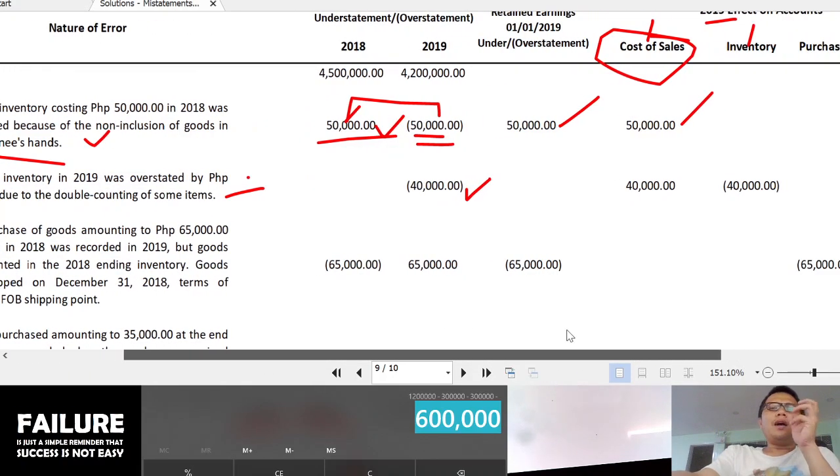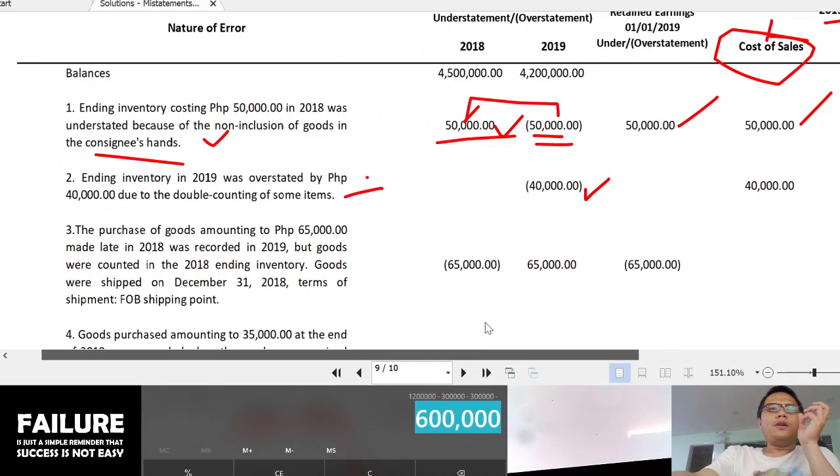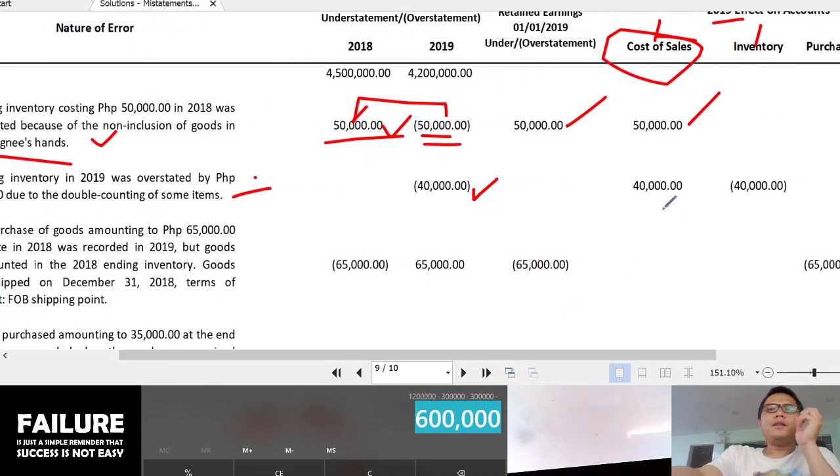Now, yung affected accounts natin, wala sa retained earnings, obviously, because this error is in 2019. Yung cost of sales na 40,000, kasi as stated, understated yung cost of sales natin.